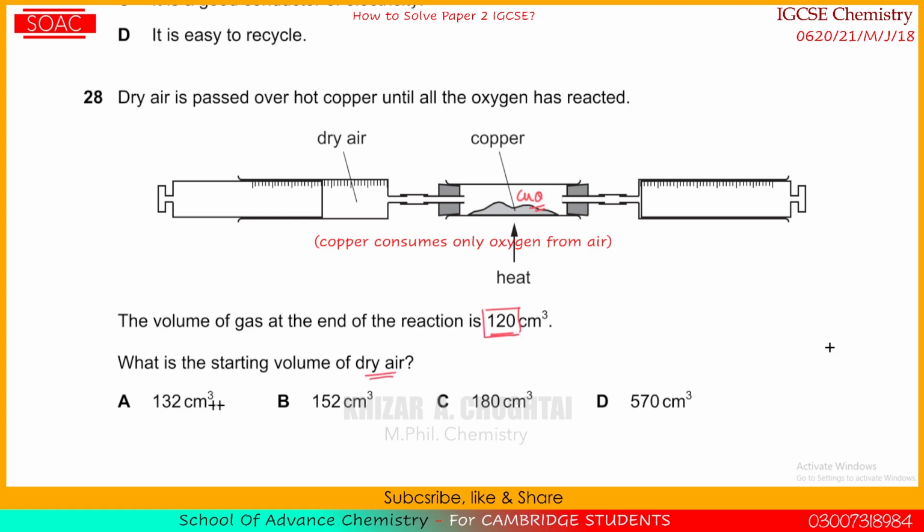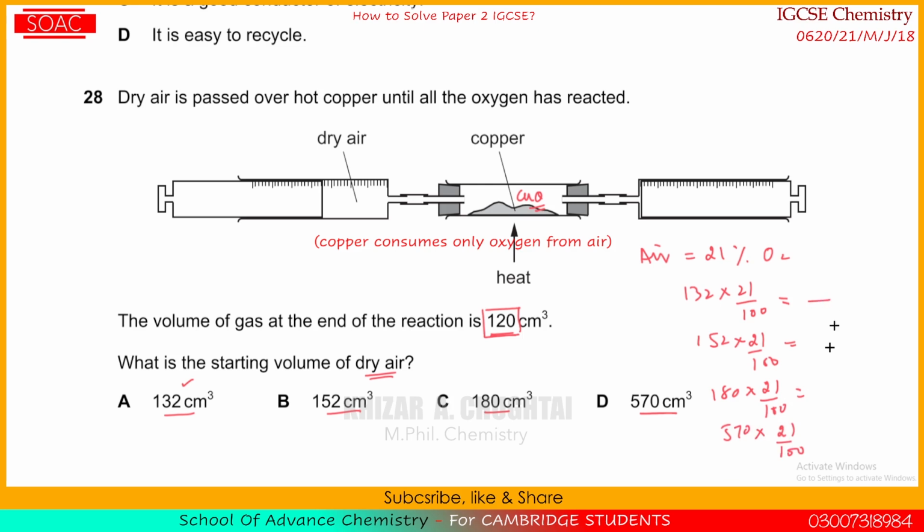Good question. Basically, here are 4 options and we can try these options one by one. We know that a pure sample of air has 21% oxygen. So I'm going to find 21% of 132. Similarly, 152 into 21%, 180 into 21%, and 570 into 21%.